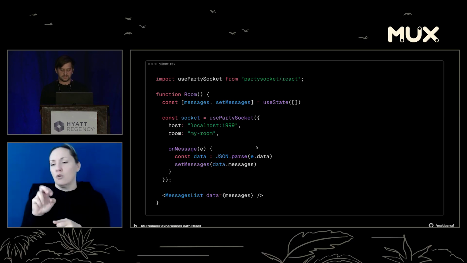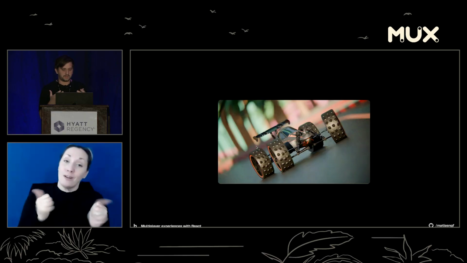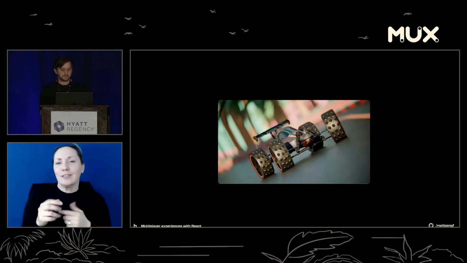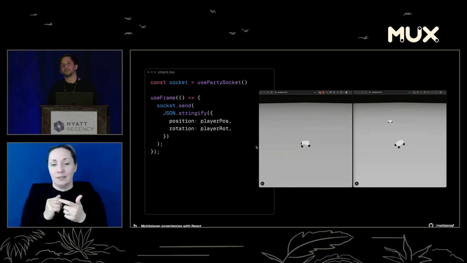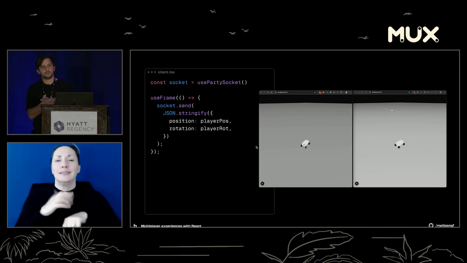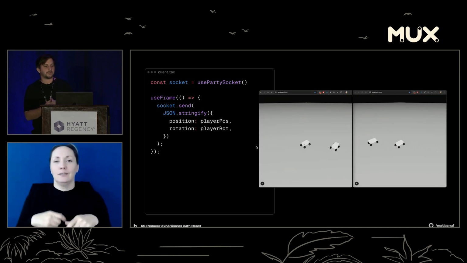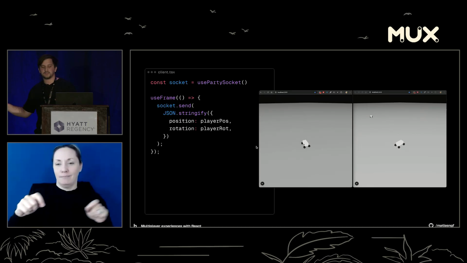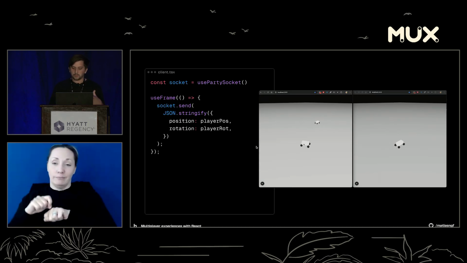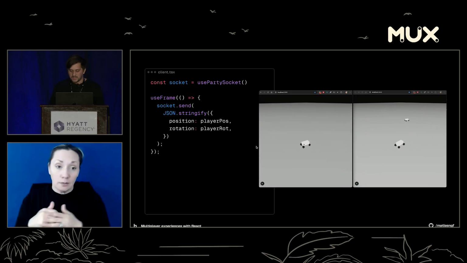So we wanted to try this by creating a little racing game. Our first approach was, okay, let's constantly send the position and rotation of the car to the server, and the server is going to take that position and send it back to everyone else. And that worked pretty well, as you can see.